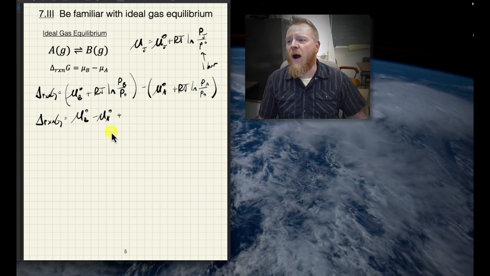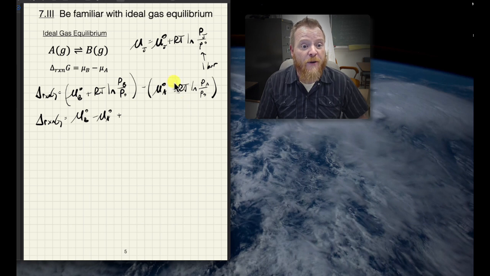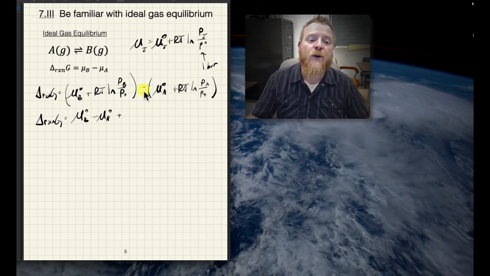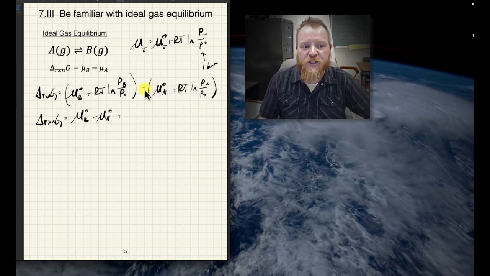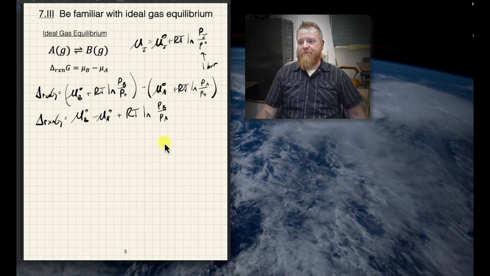And now I'm also going to do some algebra with our natural logs, noting that when we have natural logs being subtracted, we can take that as a division. Additionally, we can see the P standard will cancel out. So just writing all of that down, that's going to be RT times the natural log of PB divided by PA.